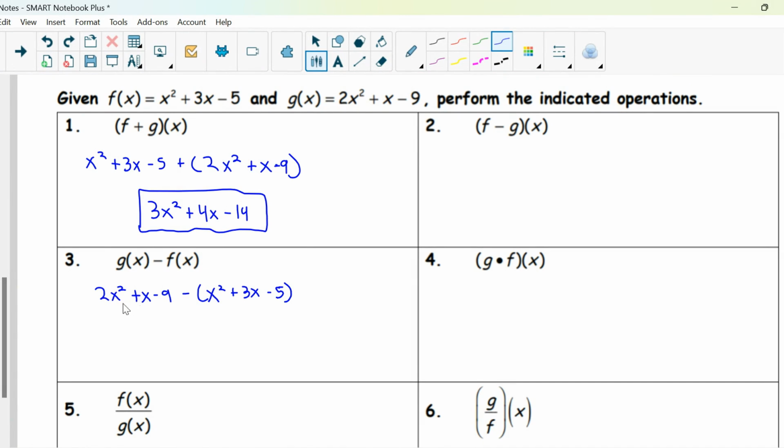Okay, so now let's combine our like terms. So 2x squared minus x squared is going to just give me x squared. x minus 3x gives me negative 2x. And then negative 9 minus negative 5 is the same as saying negative 9 plus 5, which is just a negative 4.